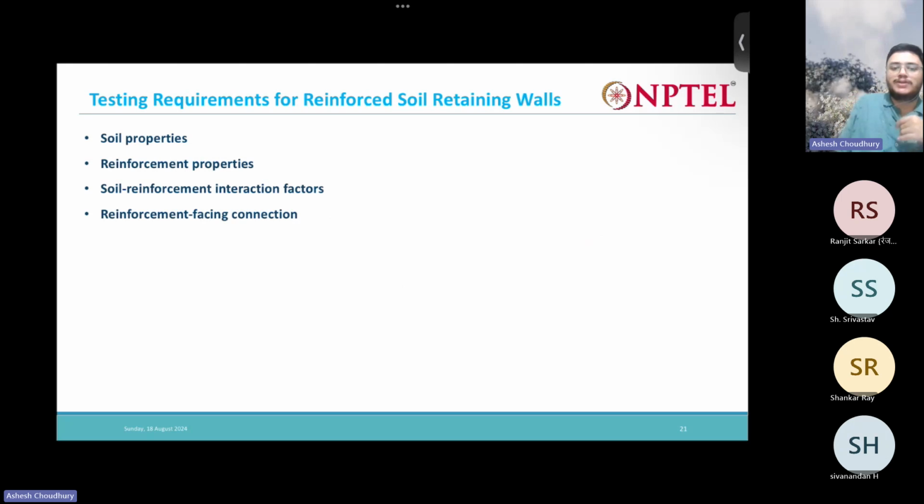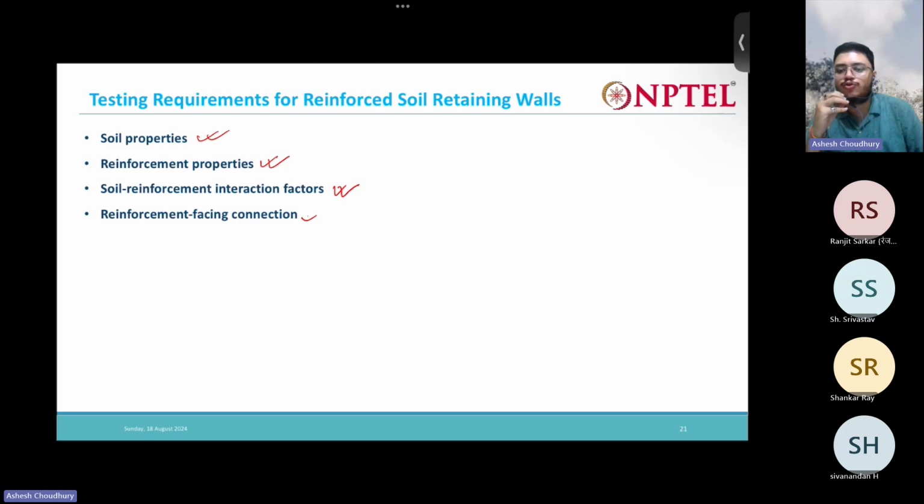So, testing requirements. What are the various parameters that we should know? We have to know the soil properties, the reinforcement properties, and the soil-reinforcement interaction factors. What do you mean by soil properties?